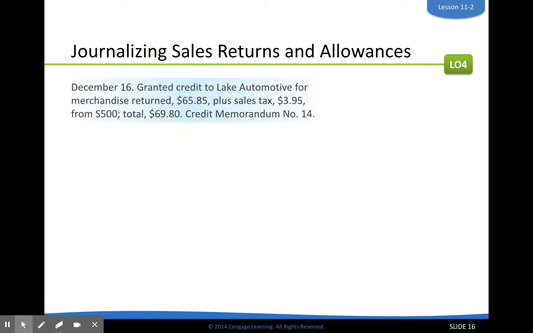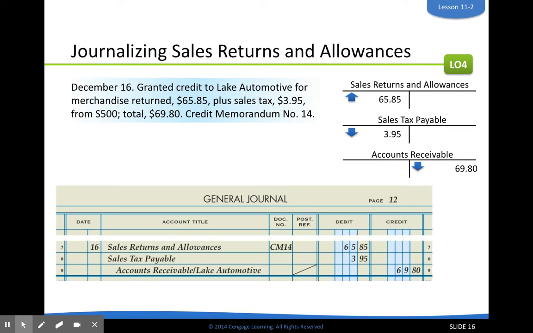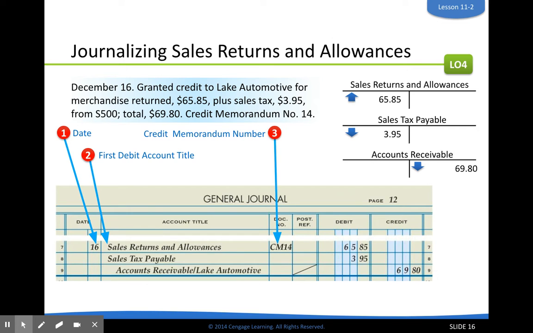So here's how we journalize this transaction. Sales returns and allowances and sales tax are going to be debited, and then we're going to credit the accounts receivable account to decrease the amount that they owe us. It's a 3-line entry, starting with the date, and then we're debiting sales returns and allowances for the value of the items.